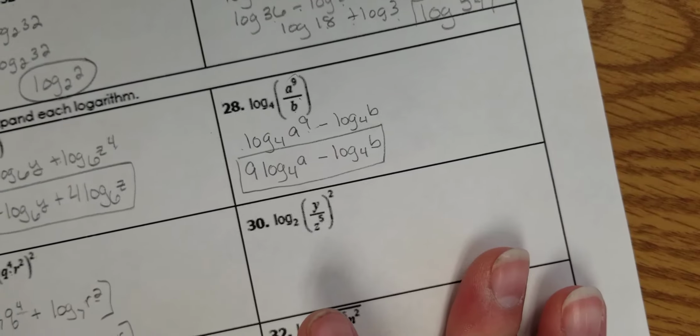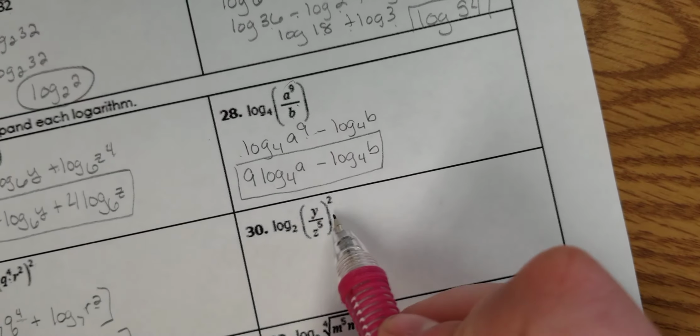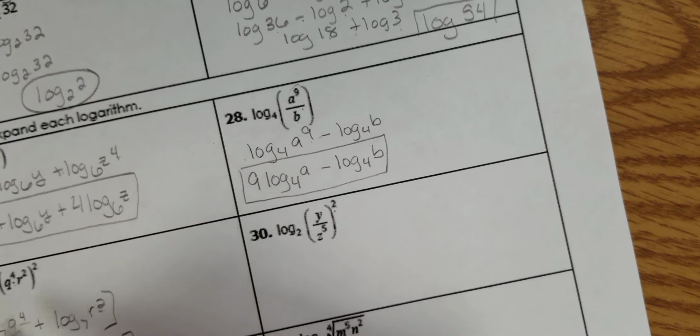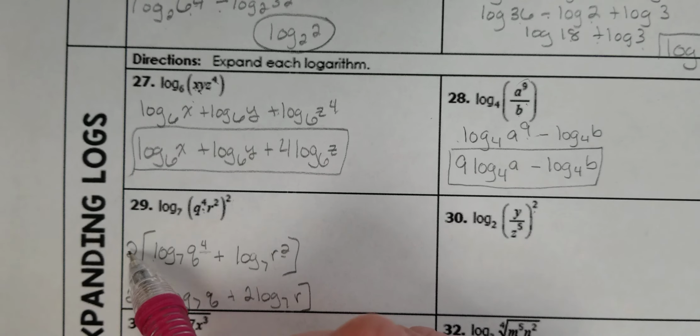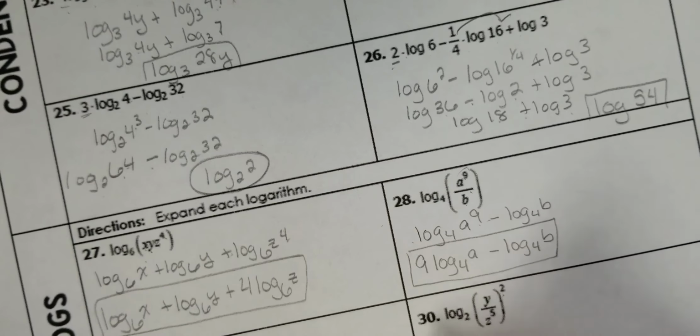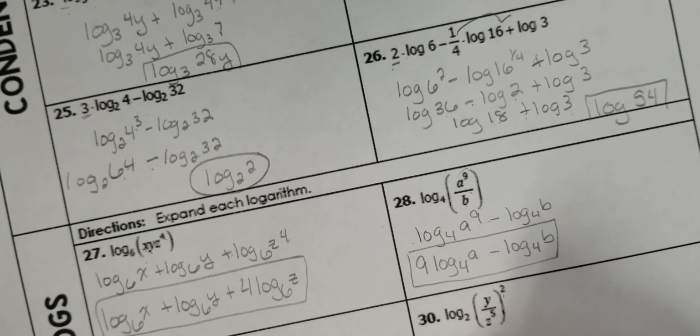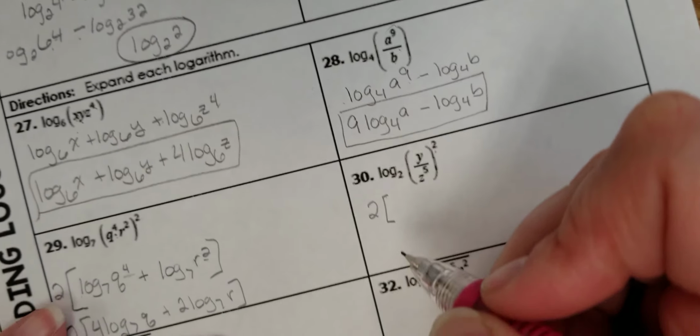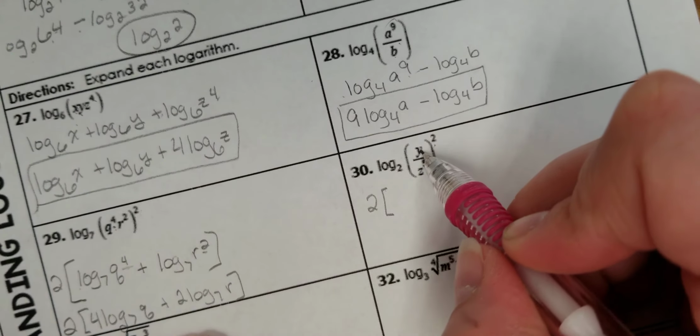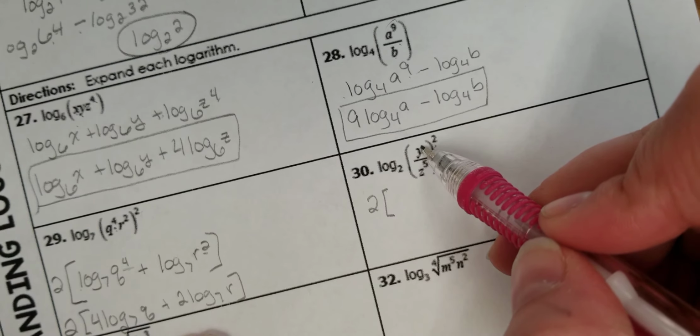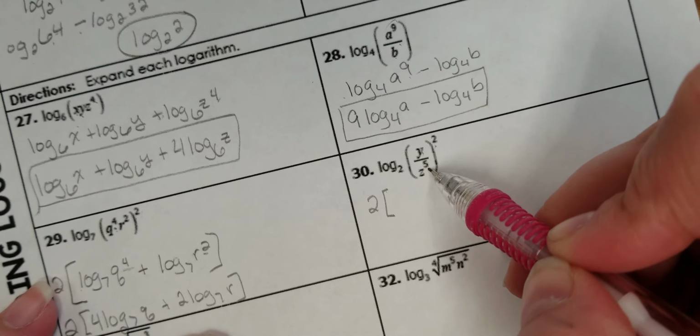Now for 30, this 2 becomes our coefficient just like in 29. It goes outside the brackets. So we have 2 in the brackets. And then it's the quotient rule. So we have the numerator divided by the denominator.